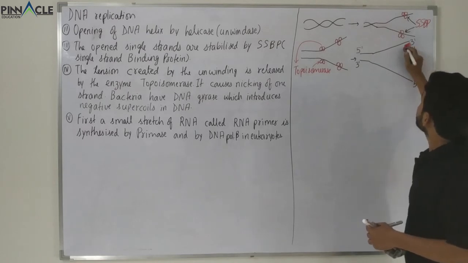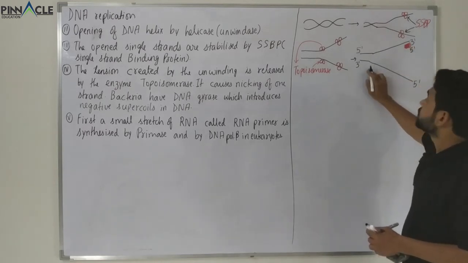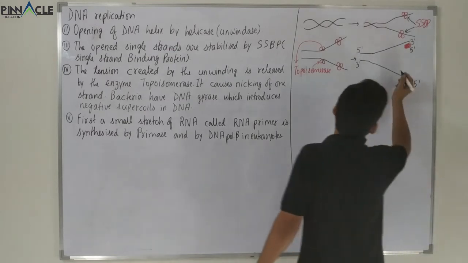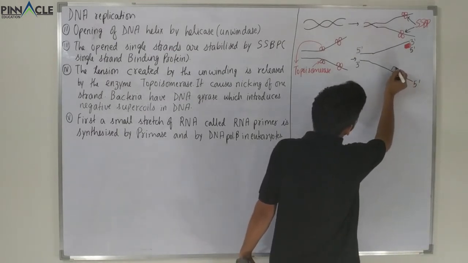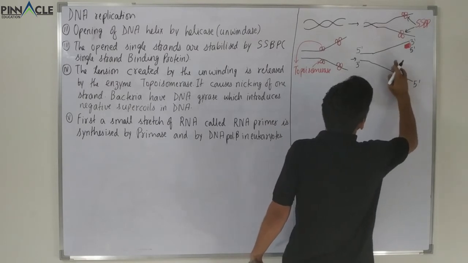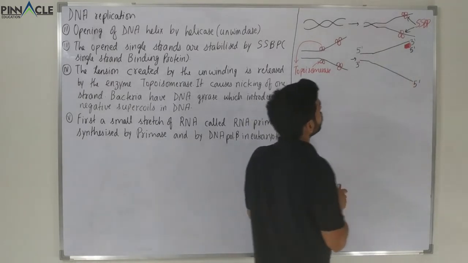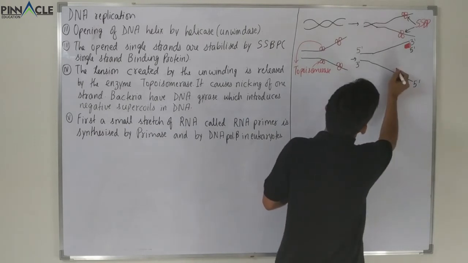We will see later what happens. And here, since the new strand will also be anti-parallel to this strand, only a short part of it could be formed. That is, all the DNA cannot open at once because of the very high energy requirement.